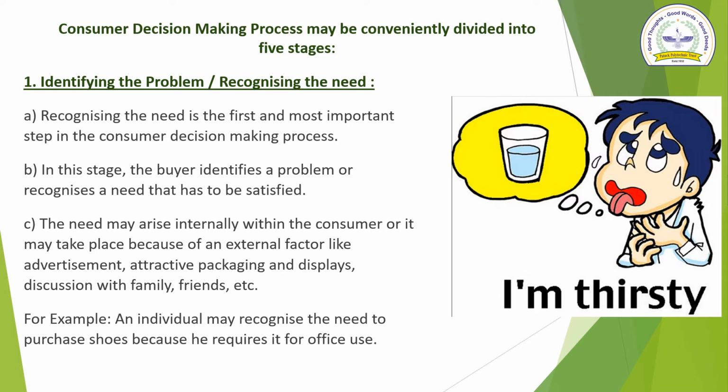Let's take an example that an individual may recognize the need to purchase shoes because he wants to use the shoes for his office. As he wants to go to the office, he wants to wear shoes, that is why he is purchasing the shoes. So the need is there, and that is why the consumer is making the purchase decision.